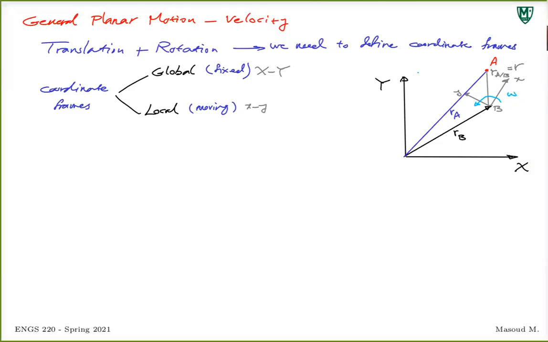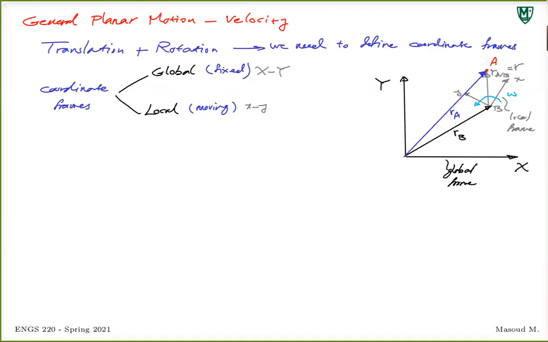All right, so we have the global frame and local frame. We are looking at point A. Point A has some position in your local frame and some position in your global frame. These are vectors. This is the setup: global frame, and this is local frame.